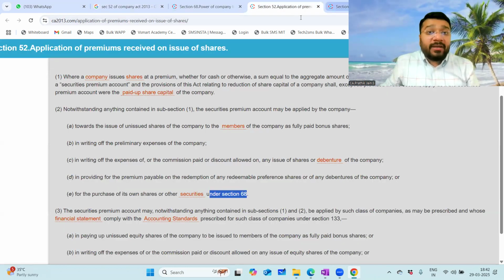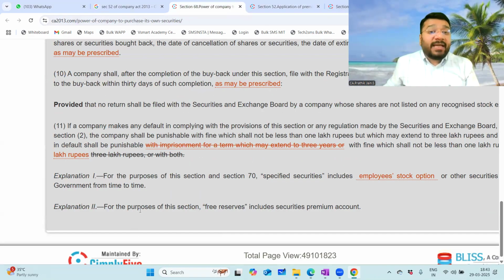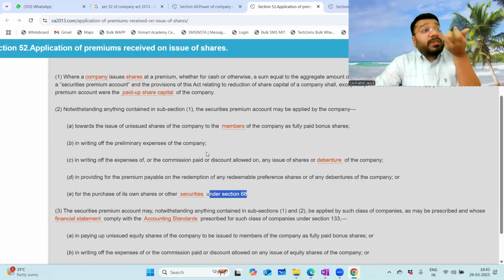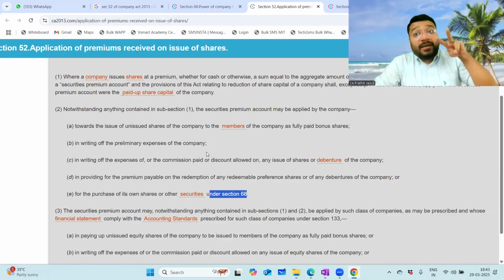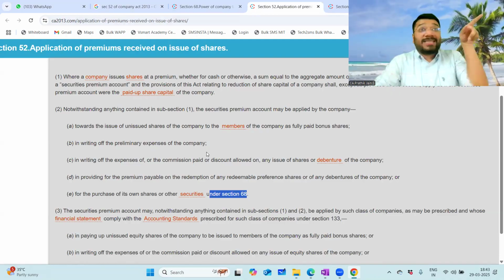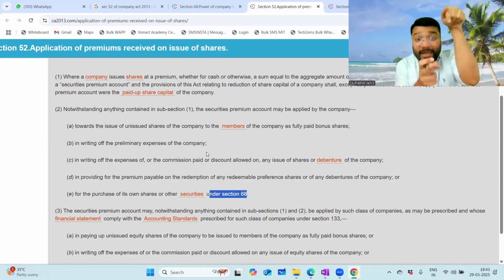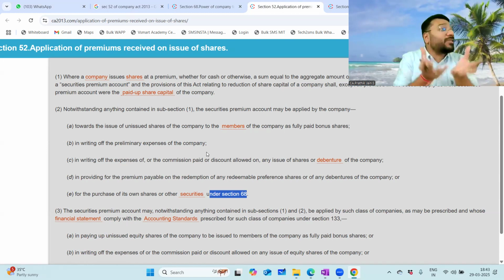Though section 68 says that it can be used for the purpose of buyback, not 68, sorry, 52. Section 52 subsection 2(e) says that you can use this for the purpose of buyback, but how has this premium to be utilized for buying back? Because you can buy back the shares at a premium. So for writing off that premium which comes up on buyback, should I use the security premium or not? The question was not clear about it.